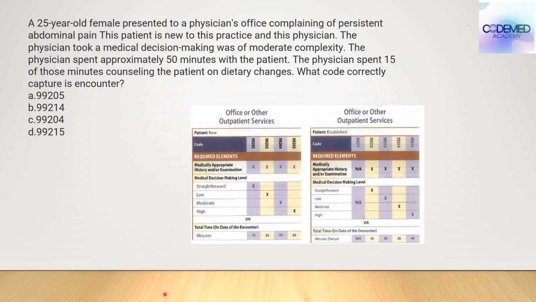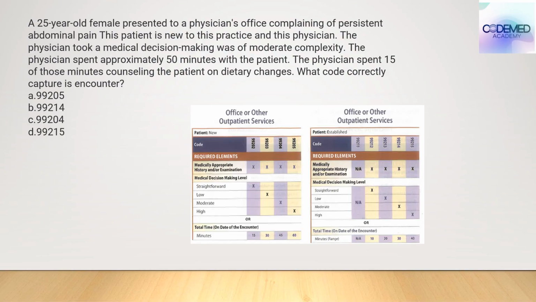So let us pick up our data. It is the physician's office where the visit has happened, and it is a new patient, and the MDM is of moderate complexity. We have the MDM and also the time, and the time spent is 50 minutes, and in that 50 minutes, 15 minutes was for counseling. So we have enough data.